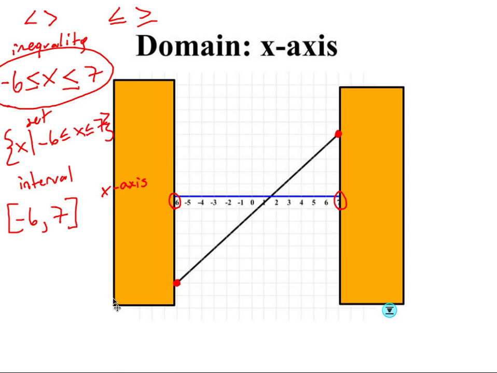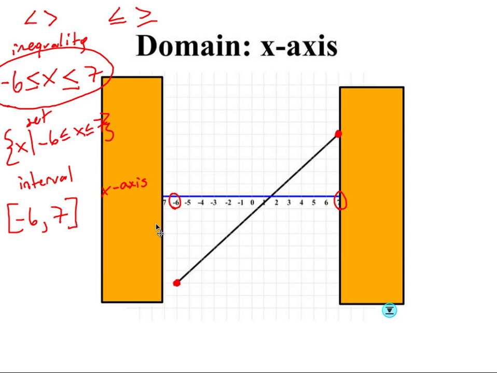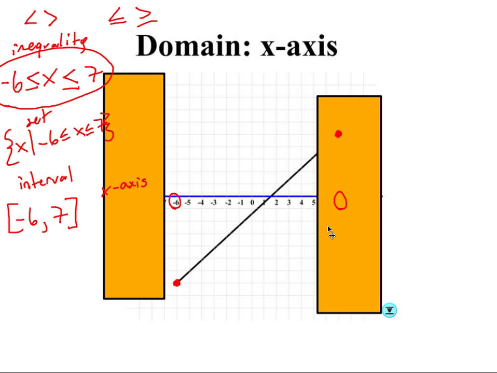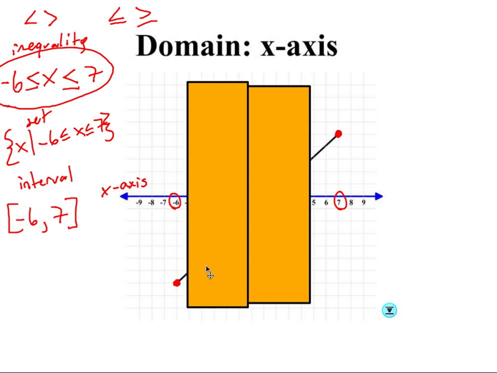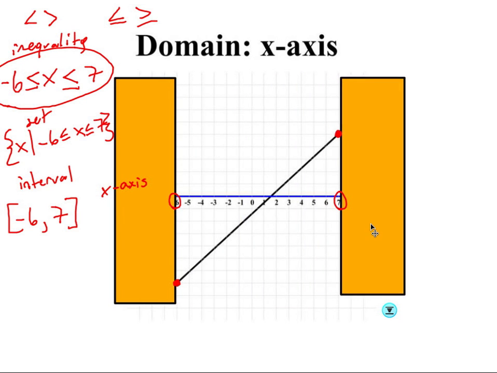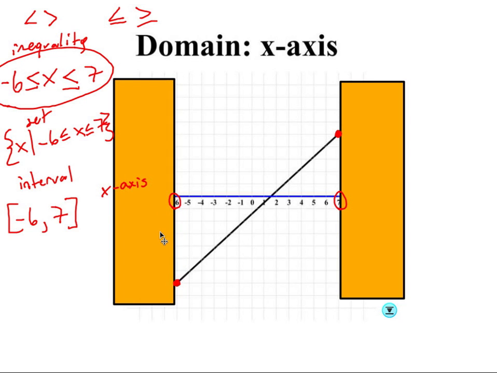I like to use this method because it really helps visually. You basically have elevator doors that open up just enough so that the graph can go through. And wherever the elevator stops on the x-axis, those values give you your smallest and largest values for the interval.